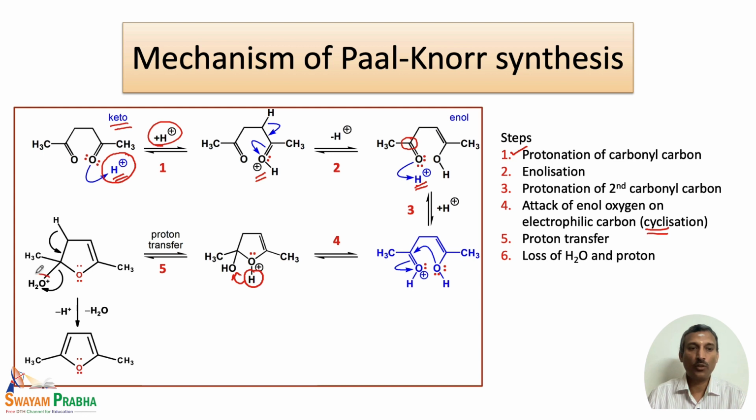That leads to the formation of the hydronium ion, H2O plus, and once H2O plus is formed, it is a very good leaving group, and the loss of hydrogen as a proton leads to the concomitant loss of the water molecule. That means the carbon-hydrogen bond gives its bonded electrons directly. That leads to the double bond here, and finally we end up with the furan as shown here.